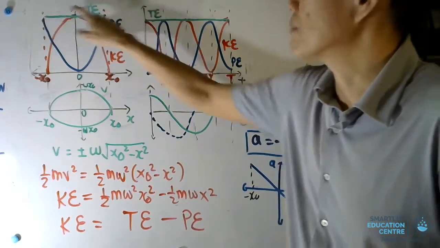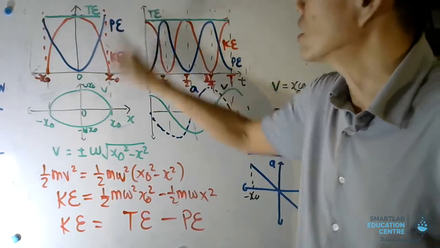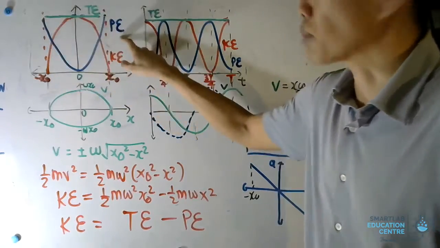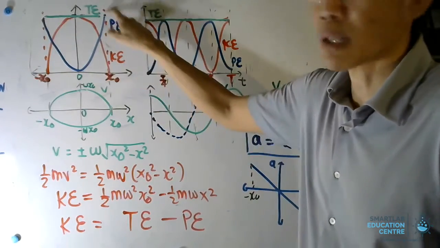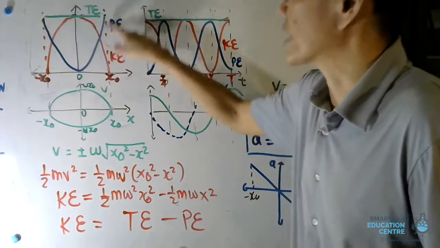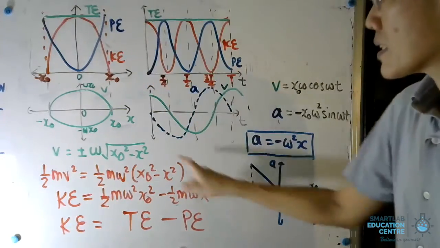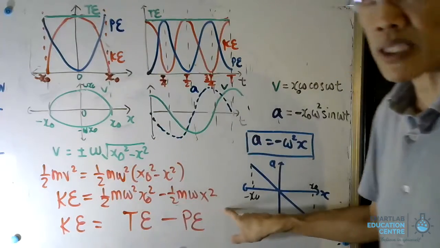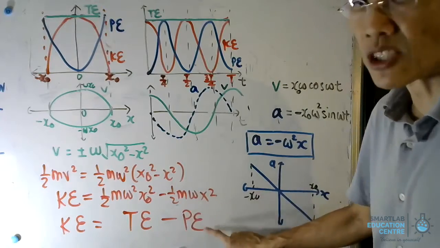Knowing that the green line is the total energy, if we have to sketch the potential energy graph, it must be sketched in such a way where PE plus KE must give me TE. So from this we can sketch the PE graph. Similarly, by looking at the mathematical expression, if we know this is actually the TE, it means this expression has to be the PE.